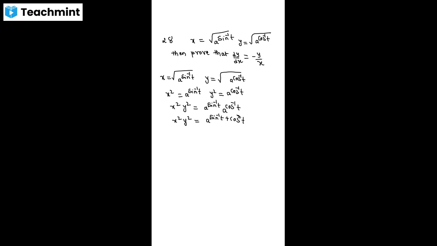We already know this property. What is sin inverse t plus cos inverse t? It is pi by 2. Already we know that. So x square y square is equal to a raised to pi by 2. Name it as equation number 1.